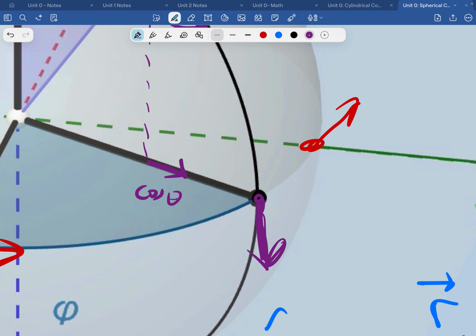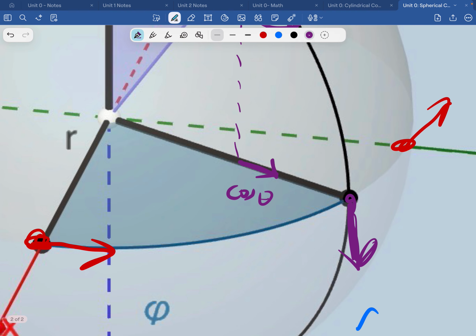and it has an x component and a y component. Where's the angle phi in there?